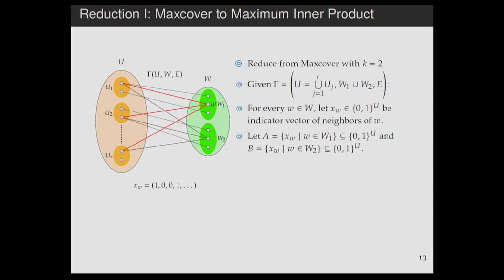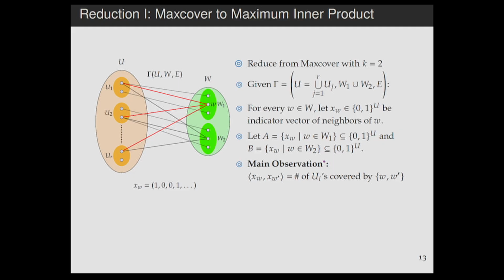And then what's your final instance for the maximum inner product? Again, it's very simple. You create all these vectors, and you put the vectors corresponding to W1 into one set, A, and the vectors corresponding to W2 into the other set, B. Right? Why do we do this?